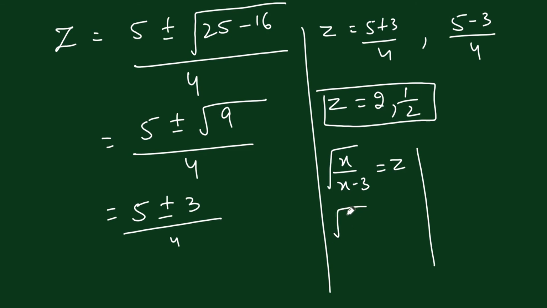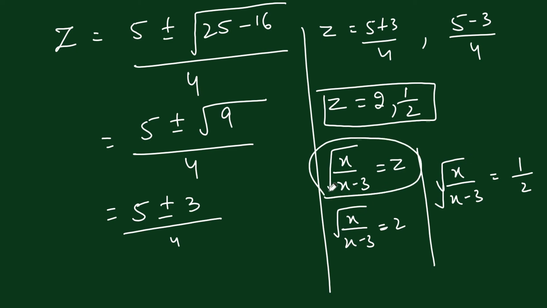So one time we'll write root of x by x minus 3 is equal to 2, and the other time root of x by x minus 3 is equal to 1 by 2 also, because root of x by x minus 3 is equal to z, and z has two values, so two times we have to do substitution.